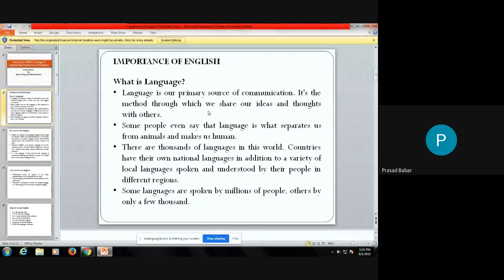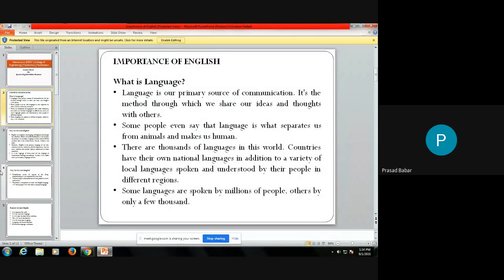So, language is most important. Some people even say that language is what separates us from animals and makes us human.